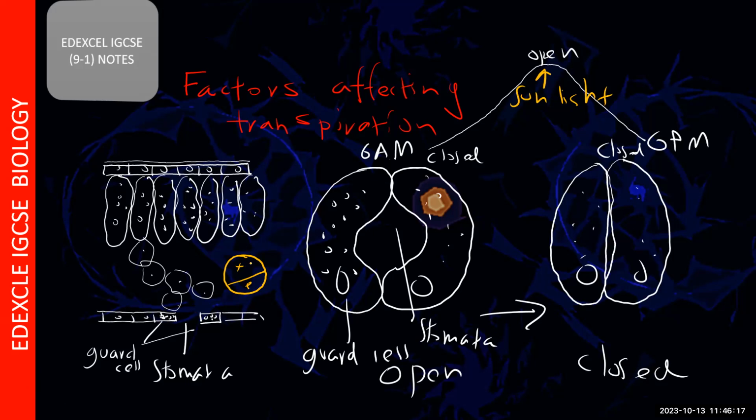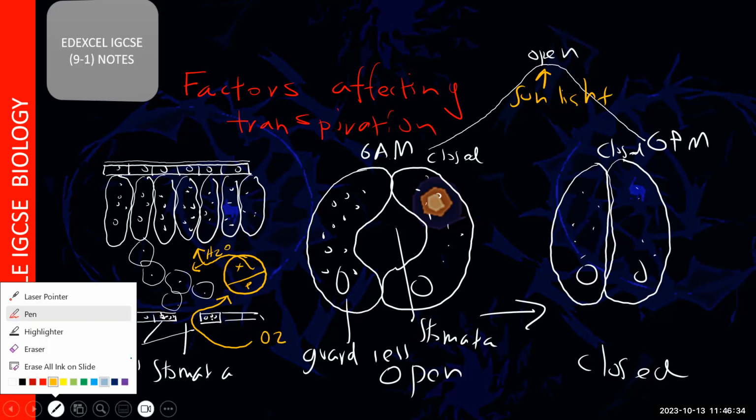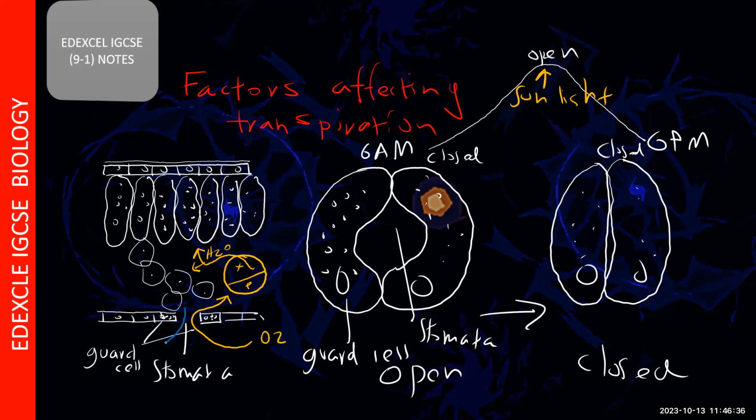Xylem transports water, and water is coming from the roots to these cells to do photosynthesis, and carbon dioxide is coming from this place to do photosynthesis, and oxygen, a byproduct of photosynthesis, can be released. Now it's all because of sunlight.